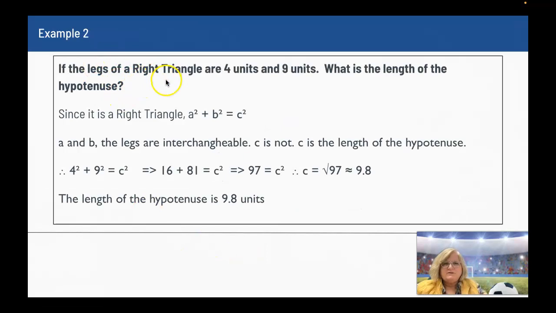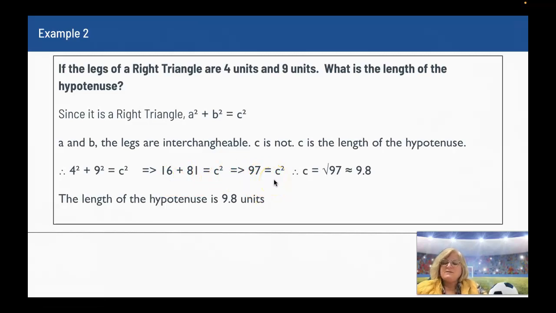If the legs of a right triangle are 4 units and 9 units, what is the length of the hypotenuse? Since it is a right triangle, a squared plus b squared has to equal c squared, and a and b are my legs, so I plug the 4 into a, and I have 4 squared plus 9 squared. The 9 goes into the b. It can be opposite. So I have 16 plus 81 equals c squared. 16 plus 81 is 97. 97 equals c squared.